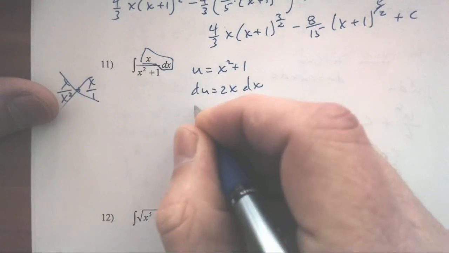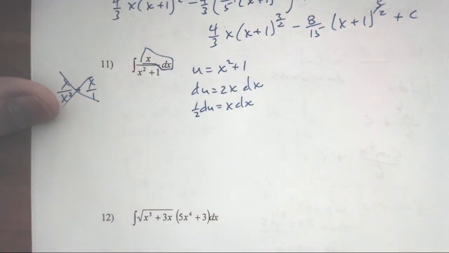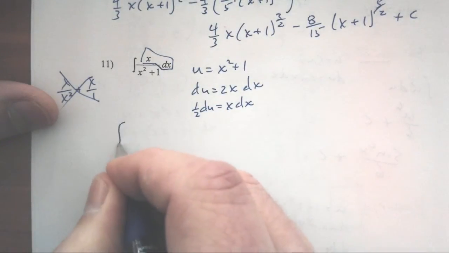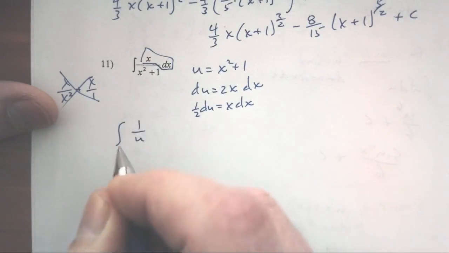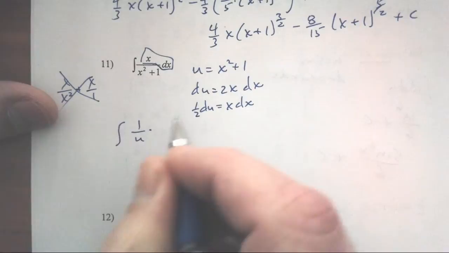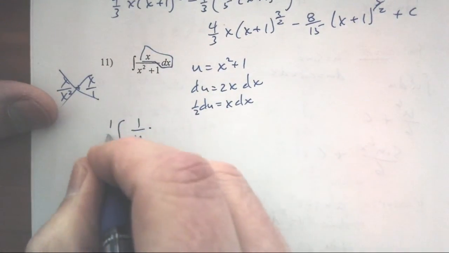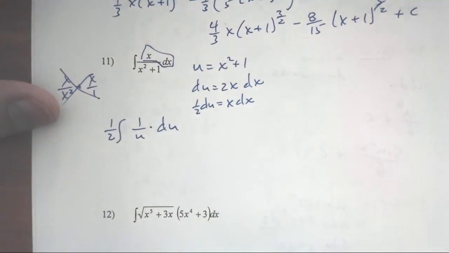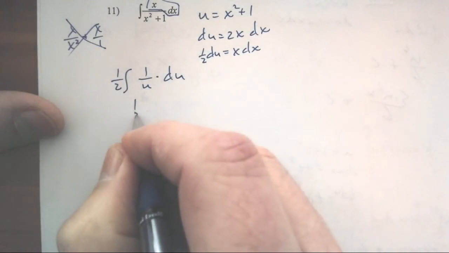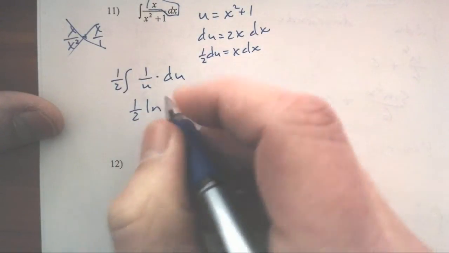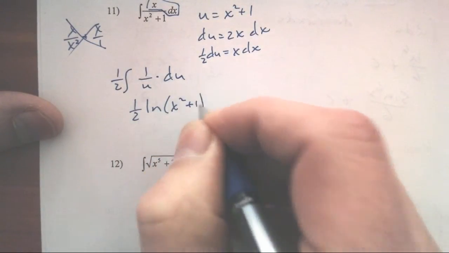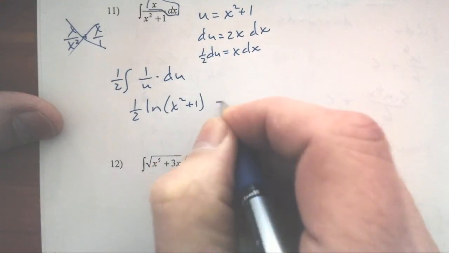I like this step, 1/2 du. So we've got the integral of 1 on u times 1/2 du, which takes care of the rest. So that is 1/2 ln of x squared plus 1 plus c.